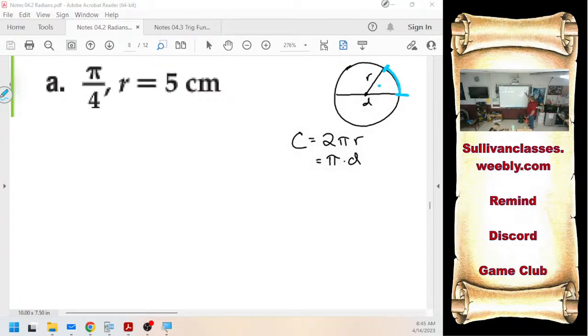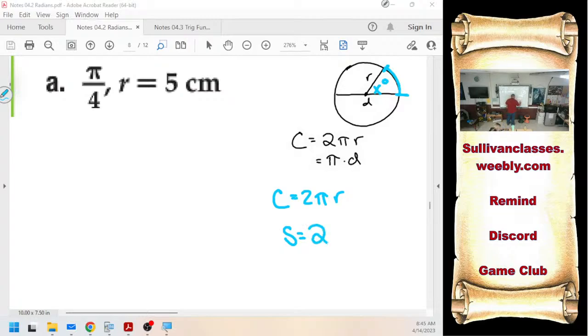If I know that this is x degrees, then I have x degrees out of 360 of the entire circle. This is what you learned back in geometry. If circumference is 2 pi r, then we call S the arc length. I don't know why, they just like using S for arc length.